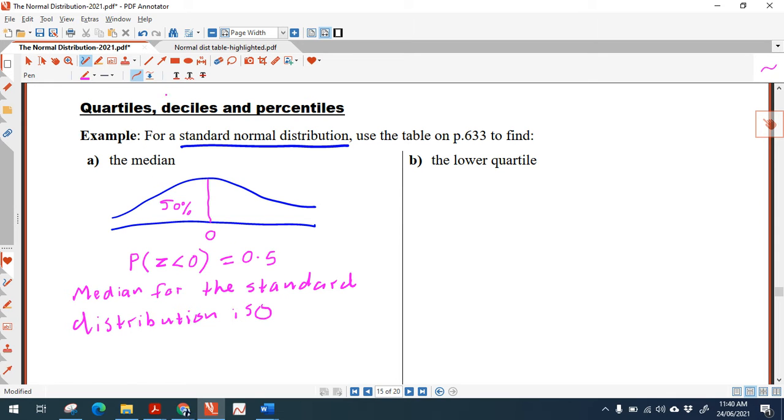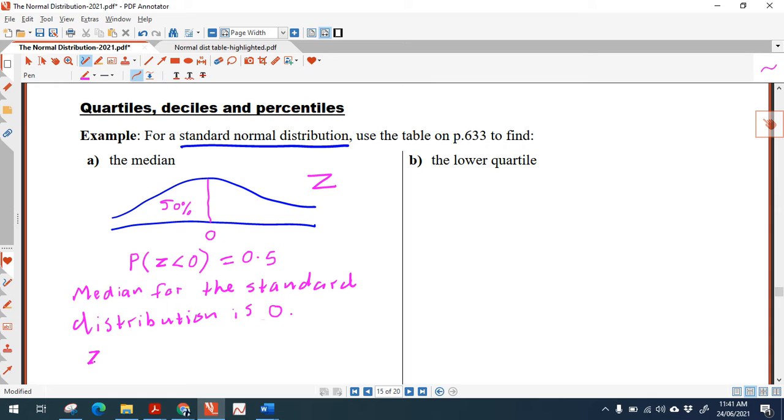I'll write that a little bit to the right there, spaced a bit better. So the median for the standard distribution is 0. Now, if you wanted to work out the median for the x distribution, remember this here is the z distribution for z-scores.